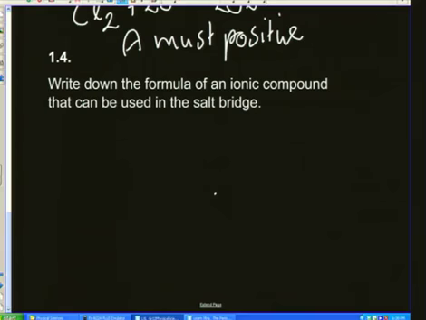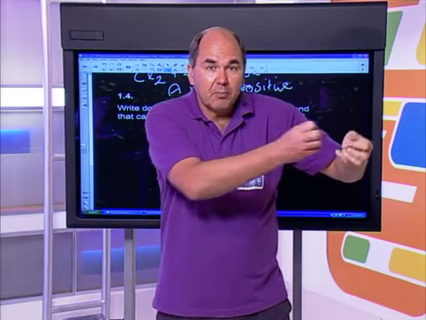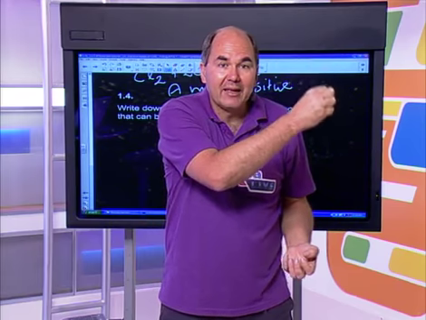Next question says, write down the formula of an ionic compound that can be used in the salt bridge. Now, the salt bridge needs to allow for movement of ions. As much as electrons move from the anode to the cathode, the salt bridge helps negative ions move from the cathode back to the anode.